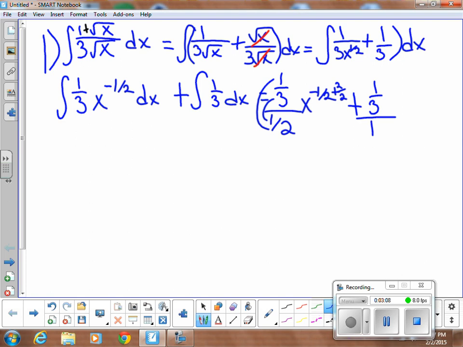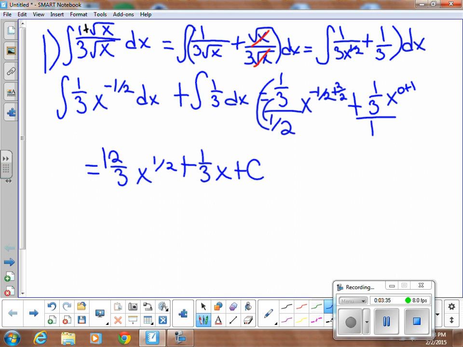Now on the next one, 1/3, there's understood to be an x to the 0 there. So when you increase the power, it becomes 1 and you divide by the new power. So increase your power by 1, divide by the new power. When I simplify the fractions, I get 2/3 x to the 1/2 plus 1/3 x plus c.